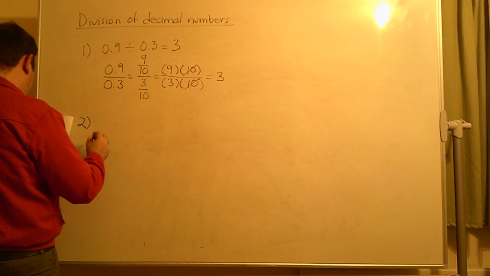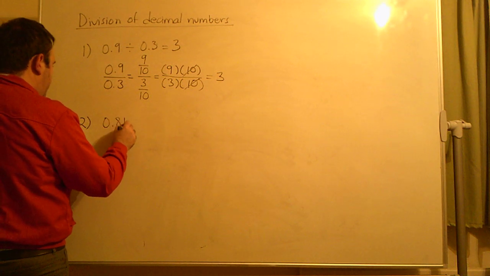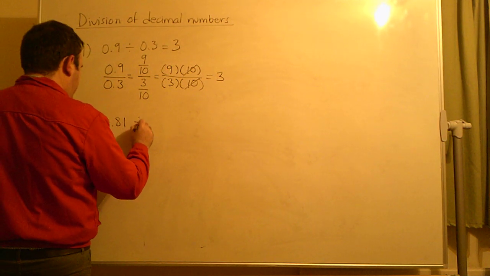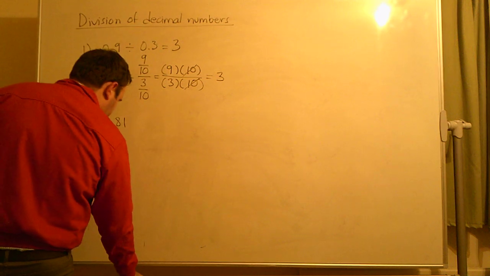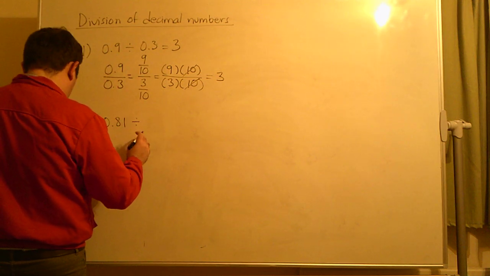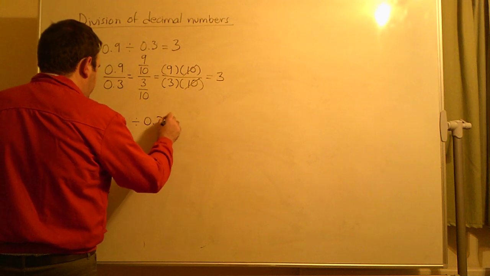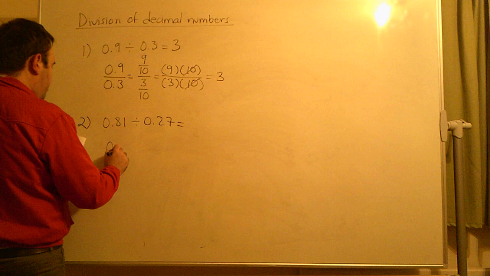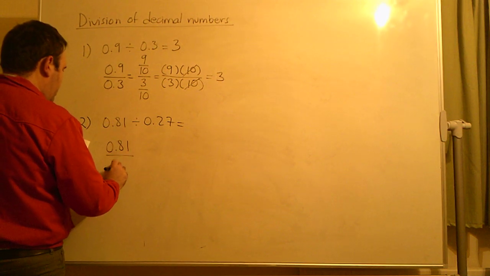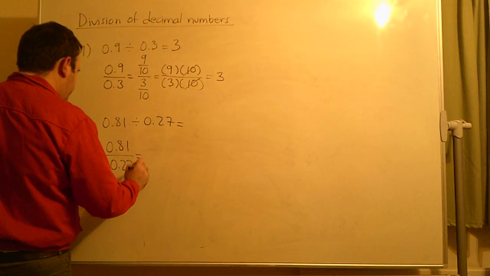2. 0.81 divided by 0.27. So again, we write down 0.81 divided by 0.27.